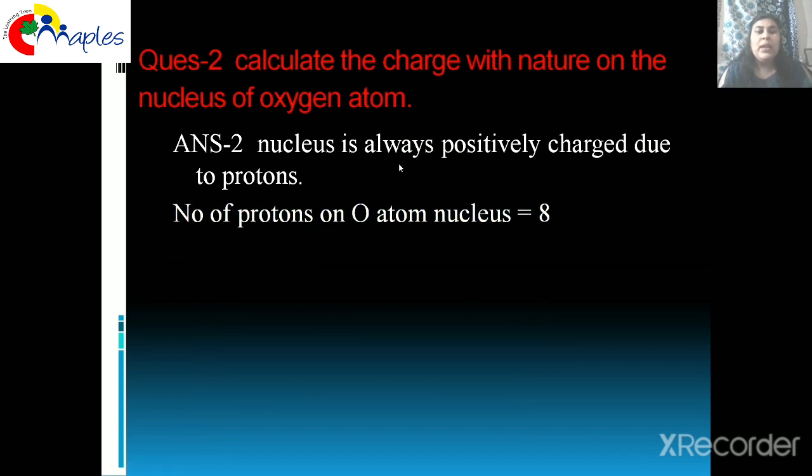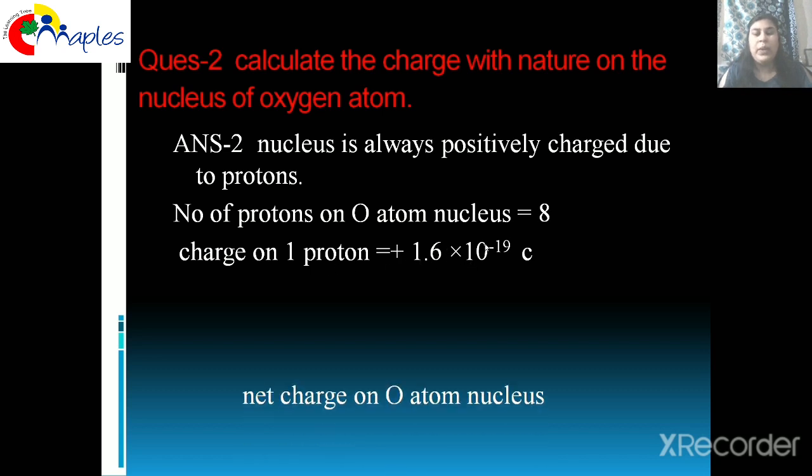Now the next is the number of protons in the oxygen atom. We already know the atomic number of oxygen is 8, and you have already studied in class 9 that the atomic number is equal to the number of electrons and the number of protons. So the number of protons in the oxygen atom nucleus is 8. Next, we know the charge on one proton is plus 1.6 into 10 to the power minus 19 coulomb.